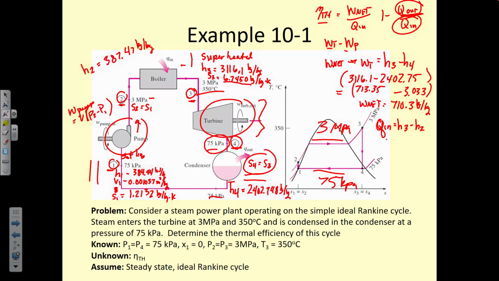We plug in the numbers and get 2728.63 kilojoules per kilogram. So our thermal efficiency is work net over q in, which is 710.3 over 2728.63. So we have a thermal efficiency of 26%. What is that 3.033? This is the work of the pump.